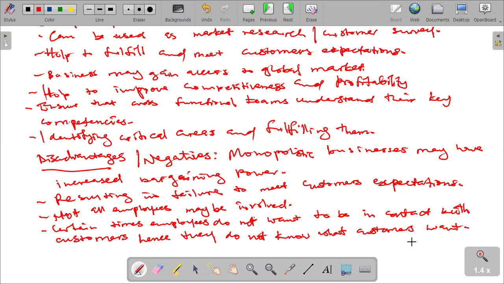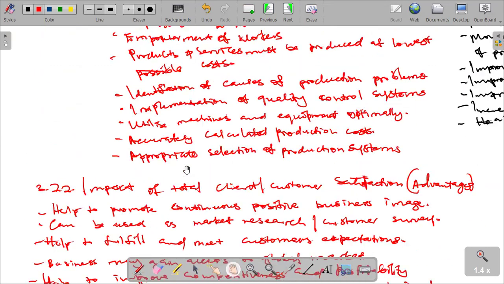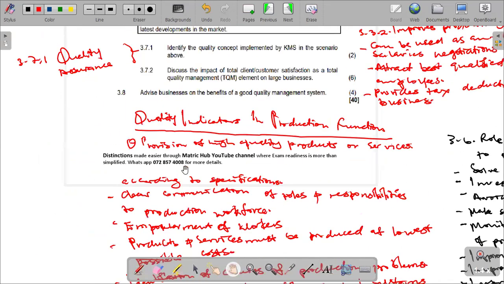The last question, 3.8 on question 3, the last part of this question, is saying advise businesses on the benefits of a good quality management system.